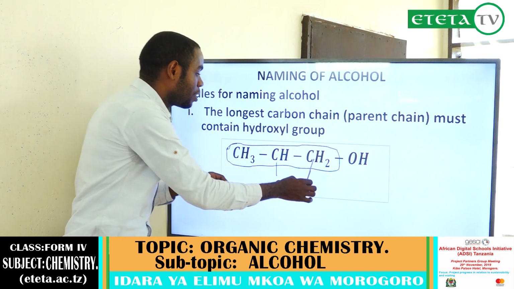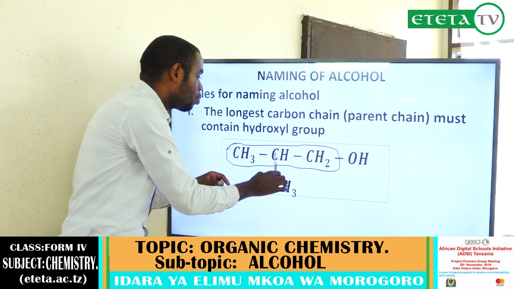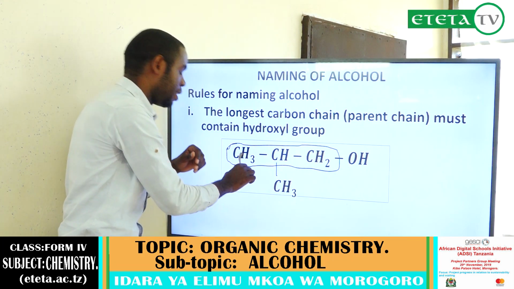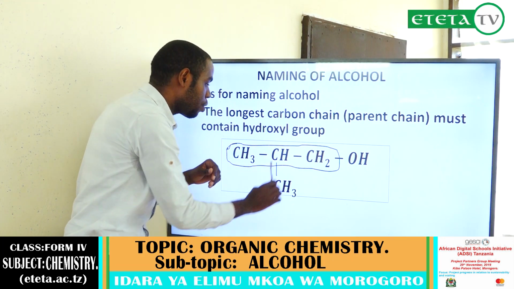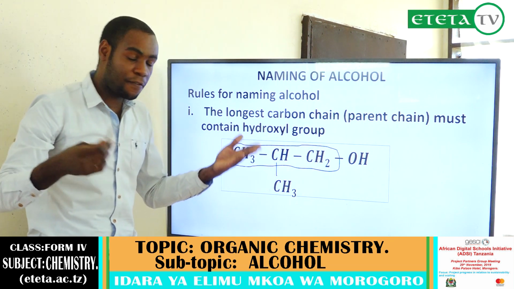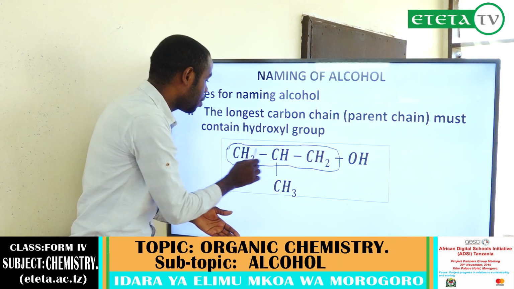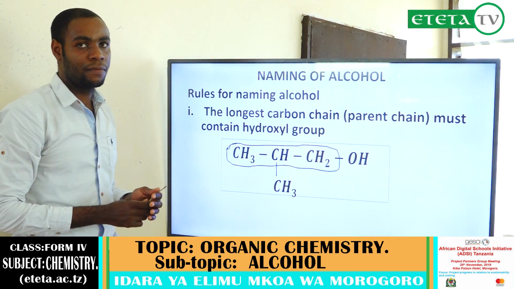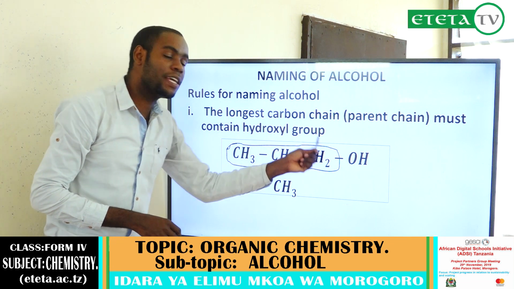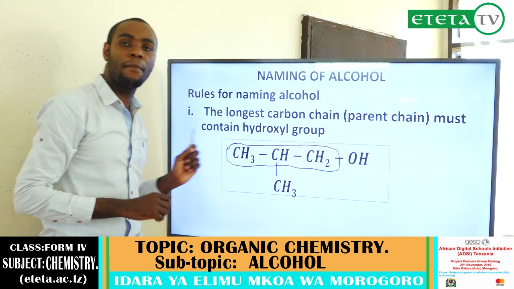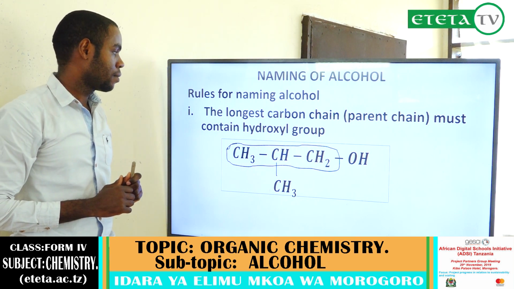The first carbon will be this one, 1, 2, 3. Here you have two options. The first option is 1, 2, 3. The second is 1, 2, 3. So you can choose any option. If you take the first option, it will be 1, 2, 3, and this one is the longest chain. It is propanol. The parent name for this one is propanol because it contains 3 carbon atoms.